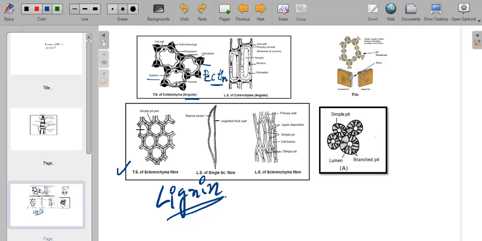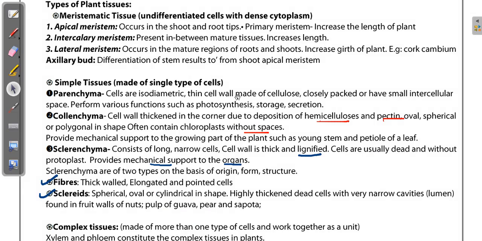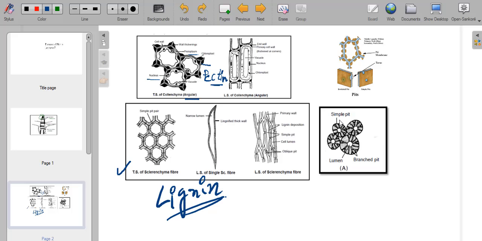This is a structure where it refers to the other type, the sclereids. And here you can see the simple pit and then a branched pit. I think I did not discuss this in class. The pits refer to the gaps in the membrane. So you can see how the branched pits are here.